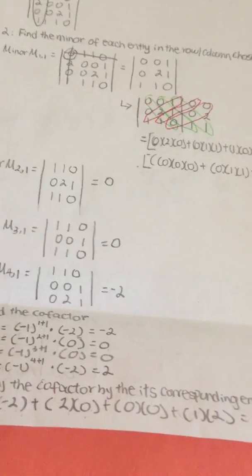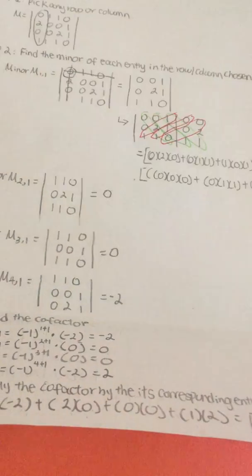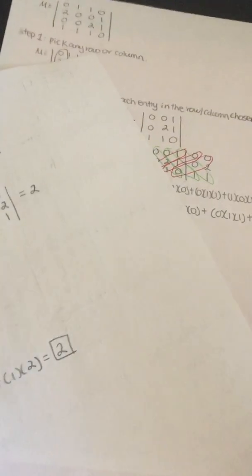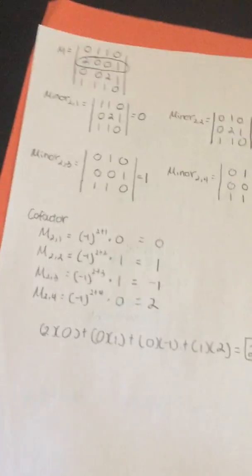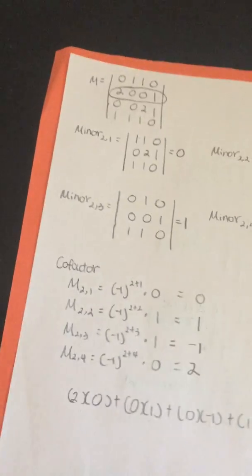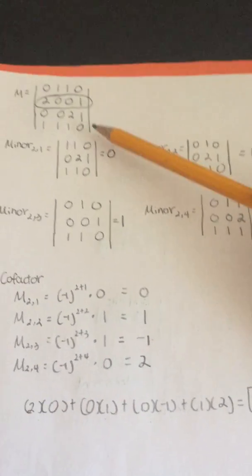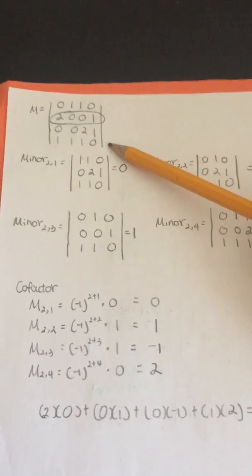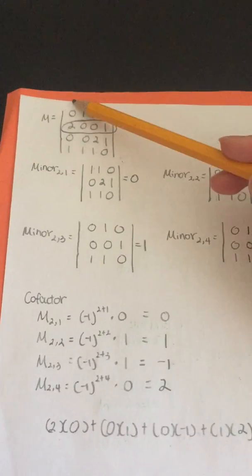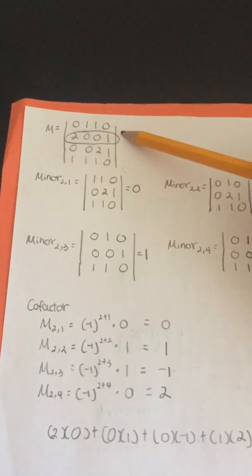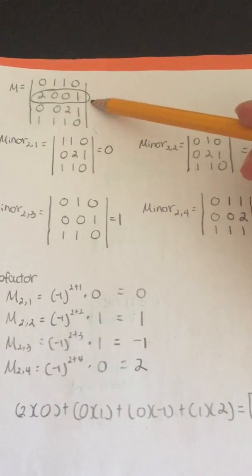And just to show you guys, it does not really matter which column or row you choose, because either way you will get the same answer. So over here I have the same matrix that I showed you before, and here instead of picking the first column, I decided to pick the second row.